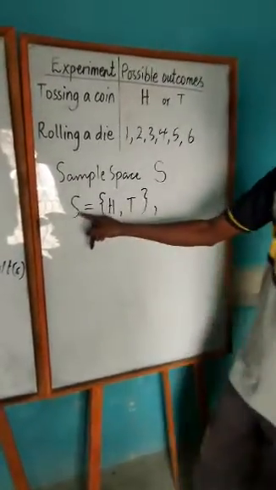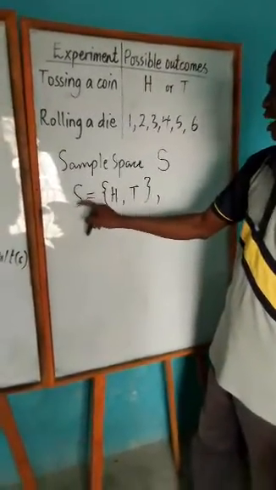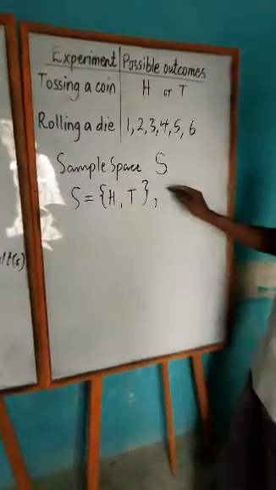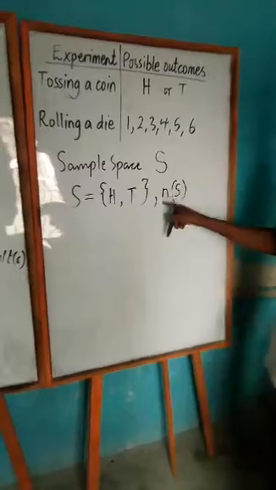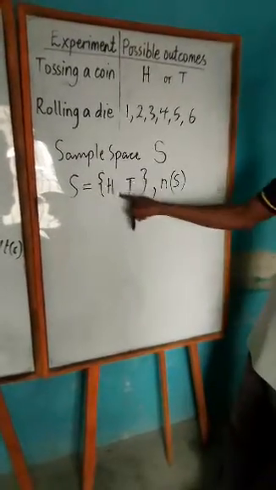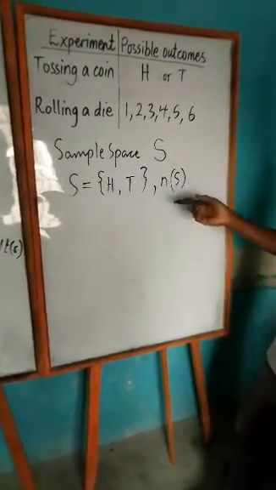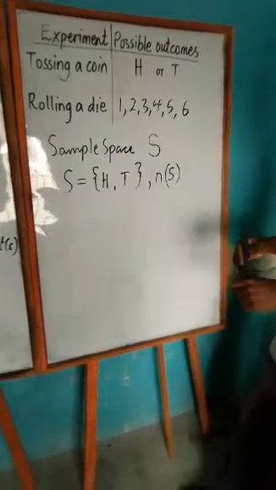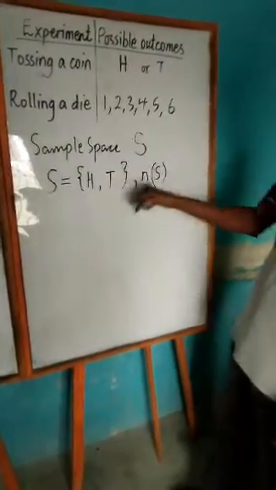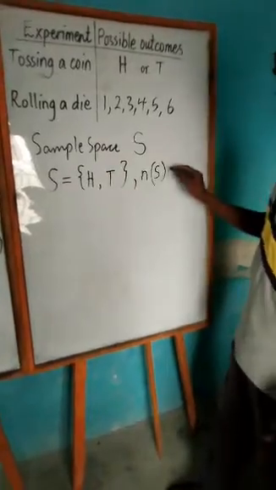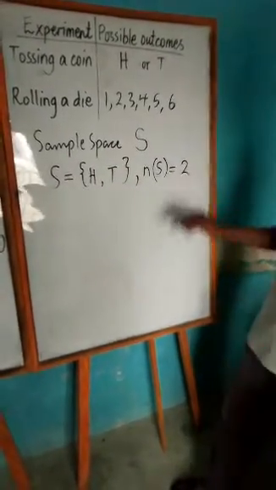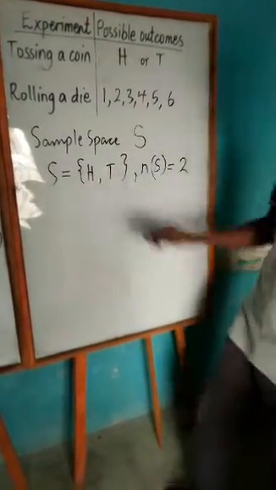The letter S is used to denote the sample space. Then n(S) denotes the number of outcomes in the sample space. You remember your cardinality of set, the number of elements in the set. So there are two outcomes in this sample space.